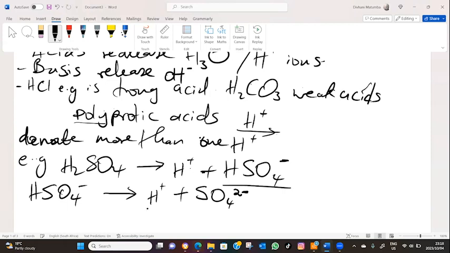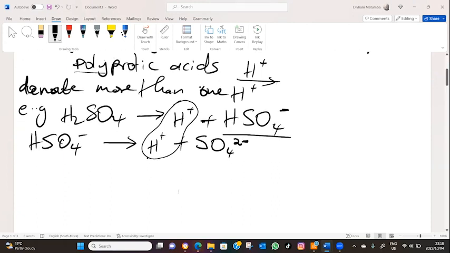That is why we call them polyprotic acids, because they can donate more. Other examples, you can have your H3PO4, phosphoric acid.